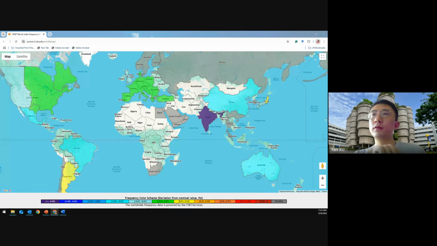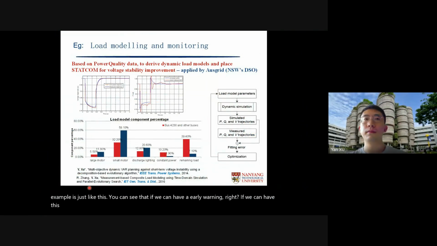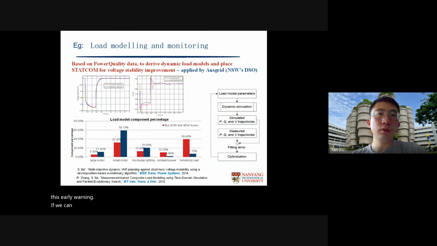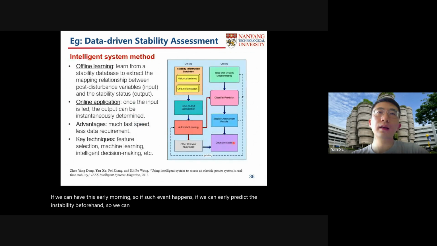How can we integrate PMU into the grid to help prevent blackouts? The real world example is just like this. If we can have an early warning, and if such an event happens, if we can predict the instability beforehand, we can immediately take control actions.